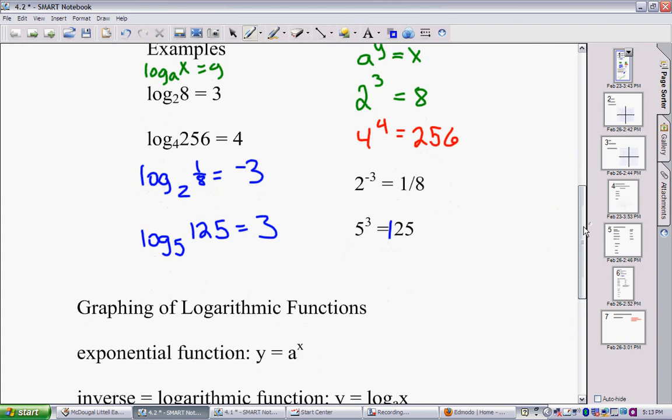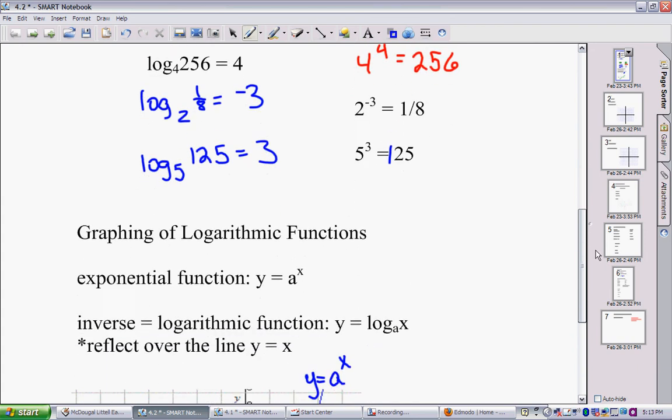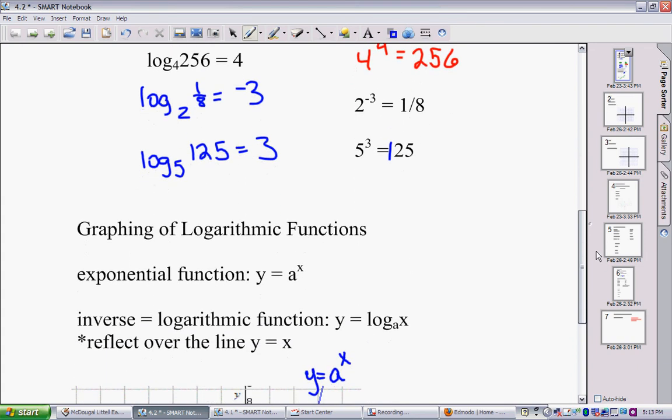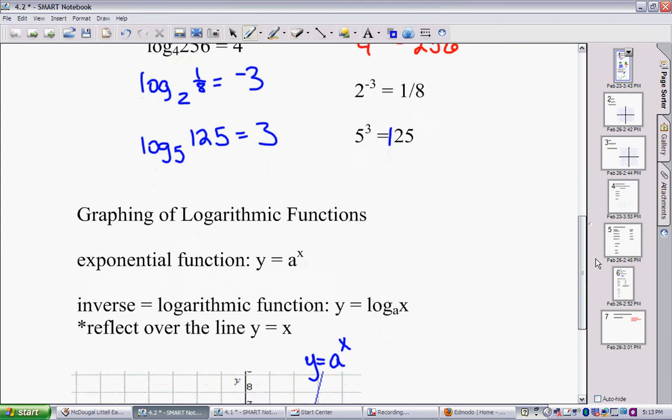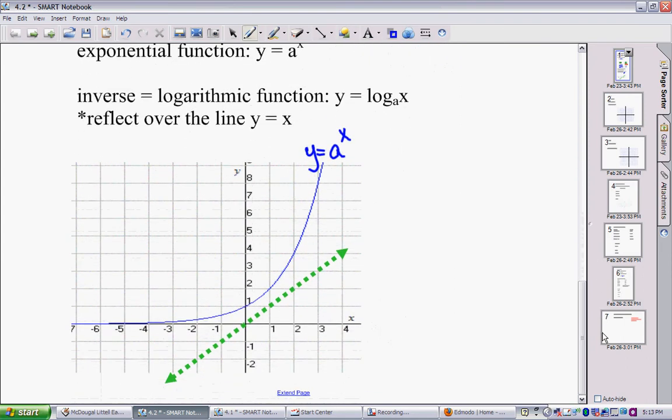So for graphing logarithmic functions, we're going to take the exponential function y equals a to the x and reflect it over the line y equals x. So this is the line y equals x. We have our curve. The exponential function has a horizontal asymptote of the x-axis, so we are going to have a vertical asymptote of the y-axis.